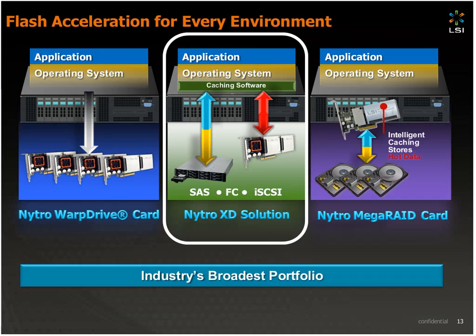So the second option we have is Nitro XD, and that works in conjunction with the WarpDrive. We front-end hard disk drive arrays, whether it's fast Fibre Channel or iSCSI.